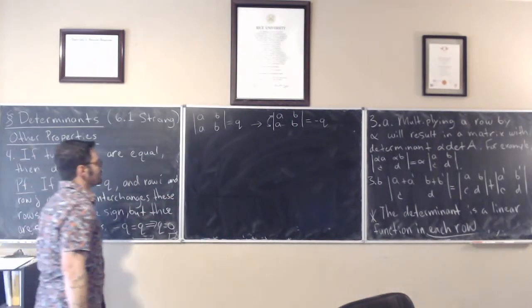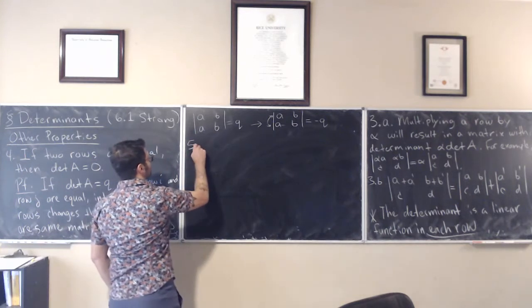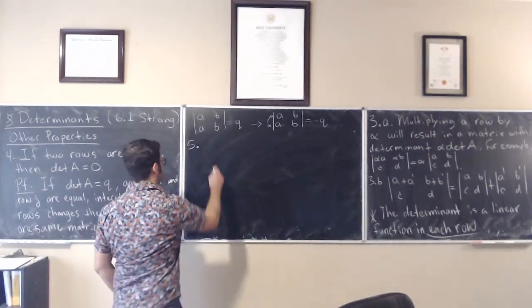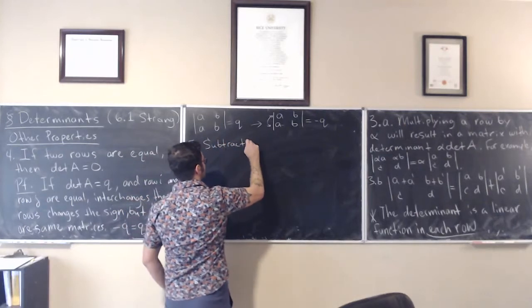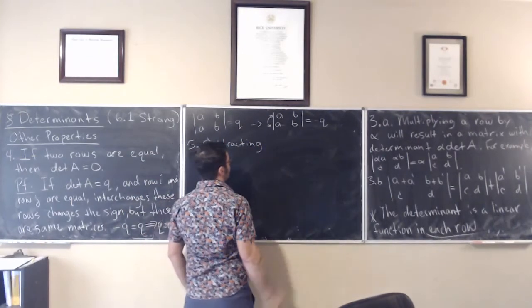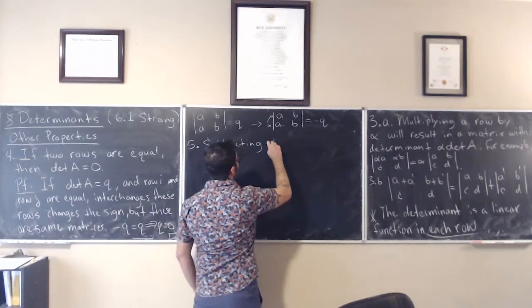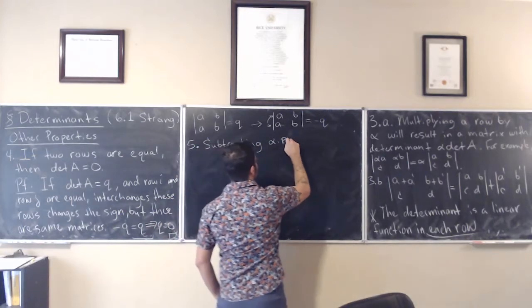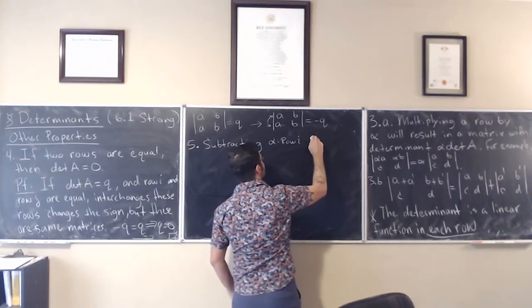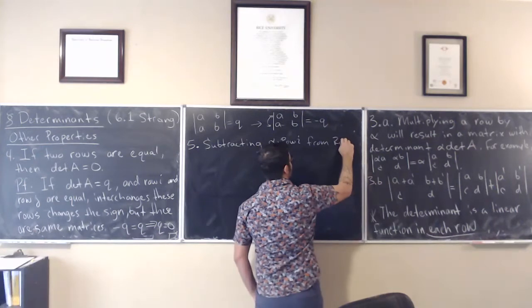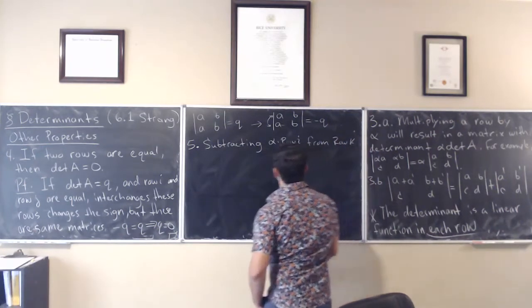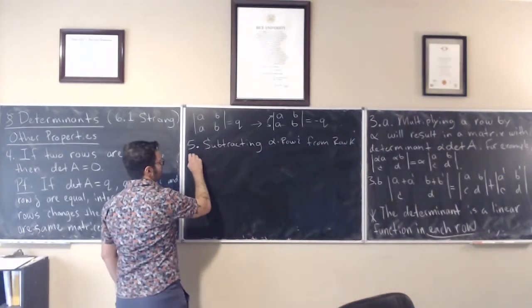All right, property 5. Subtracting alpha times row I from row K does not change the determinant.